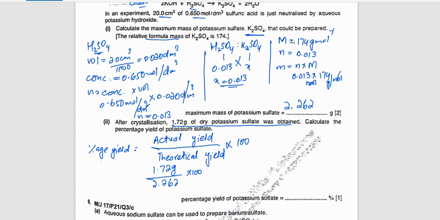So 1.72 divided by 2.262 multiplied by 100, 76.03% is the percentage yield.